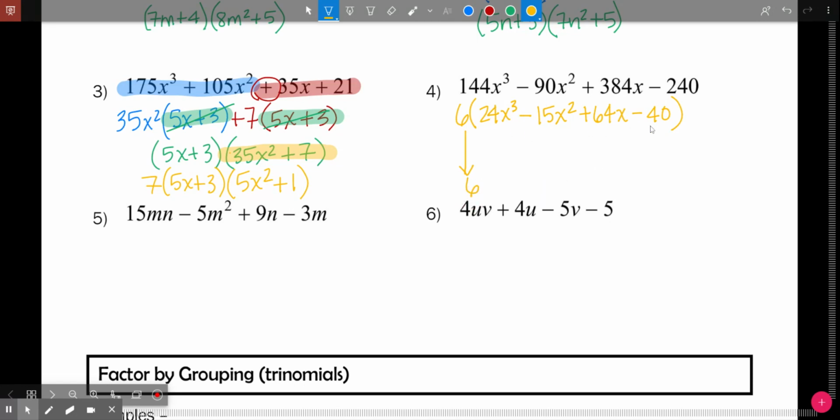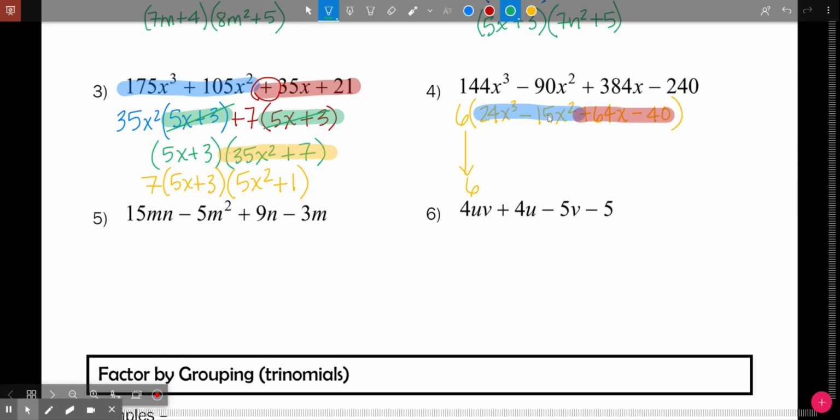But then this polynomial inside the parentheses, I will work with it the same way I've been factoring in numbers 1 through 3. So I group my first two terms together and my last two terms together, and I work with each piece independently.